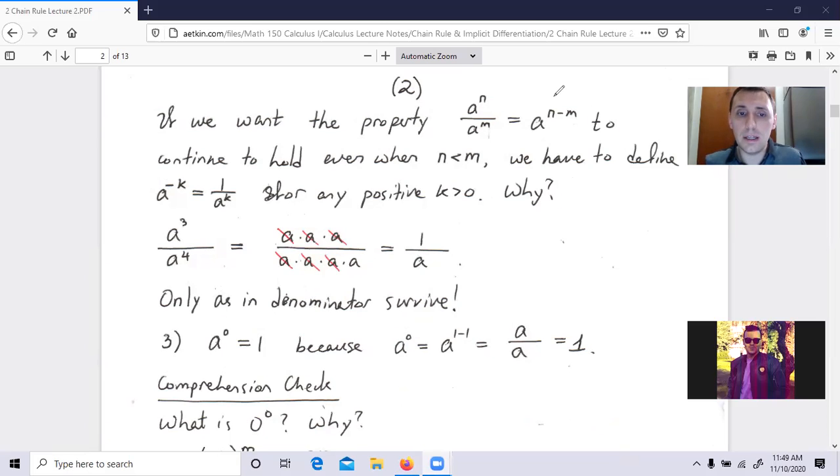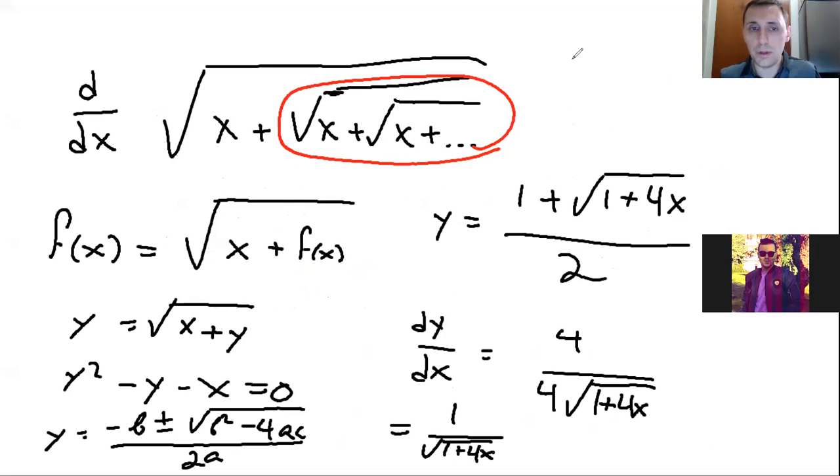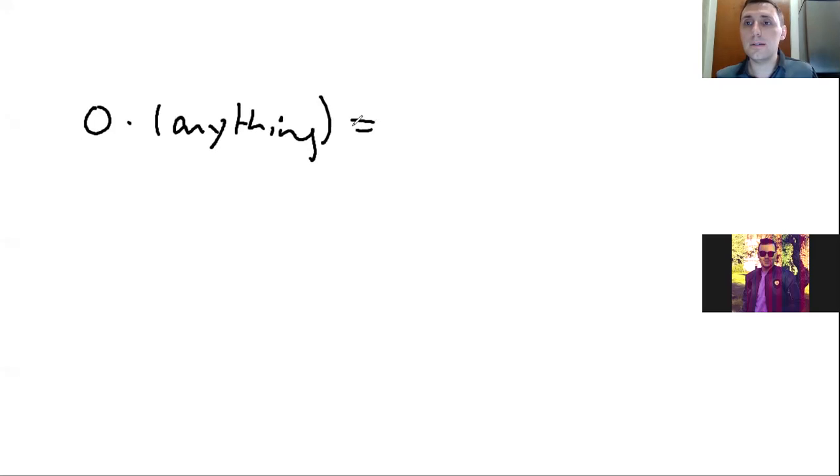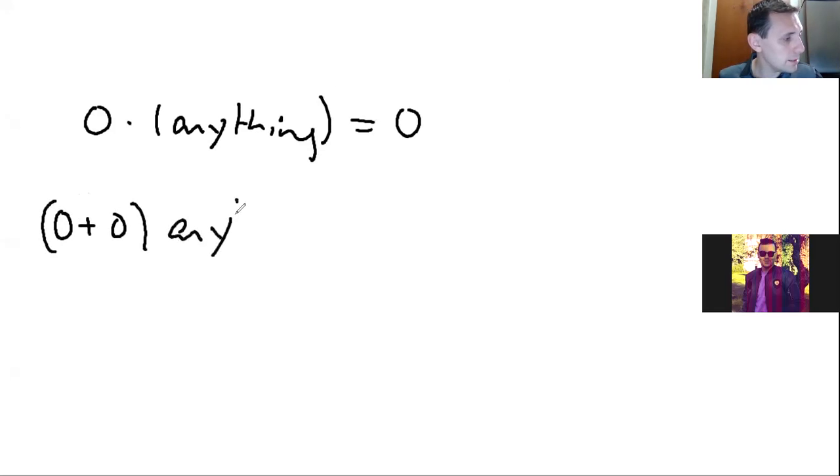Well, again, I think you forget some important ideas, guys. What is 0 times anything, any real number? That is 0. Do you know why? Because I can say this is the same thing as 0 plus 0 times anything.